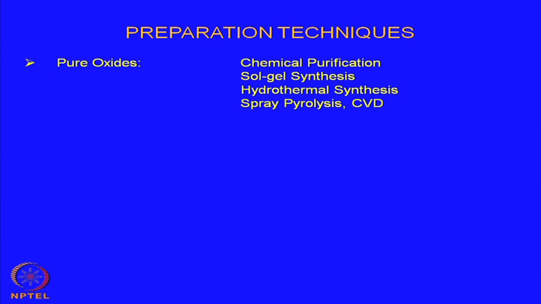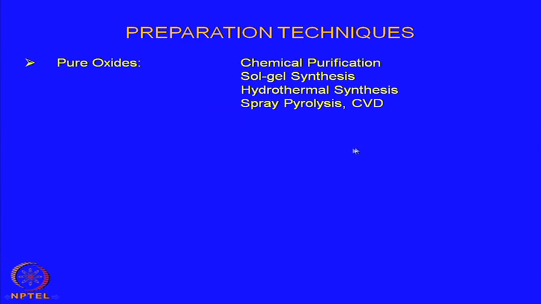So, it is a combination of heating and pressurization. By that process also you can crystallize very fine oxides within the liquid environment, or some kind of a liquid process.